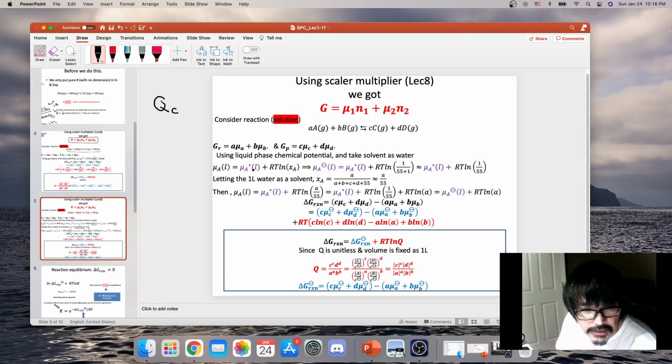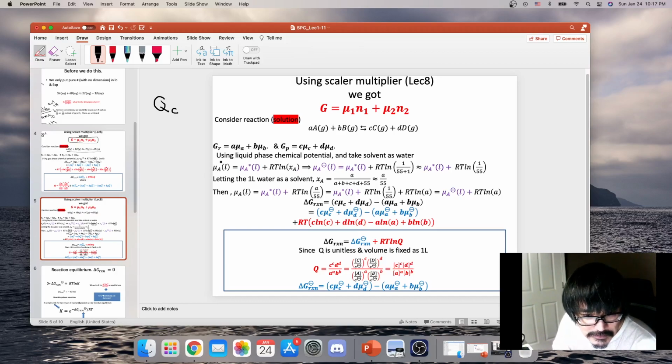So that's the delta G. And then here is the thing that's super complicated, but bear with me, okay? The chemical potential of the liquid is equal to the chemical potential of the pure liquid plus its mole fraction term. That's what we have here.